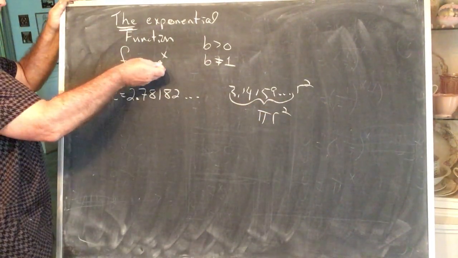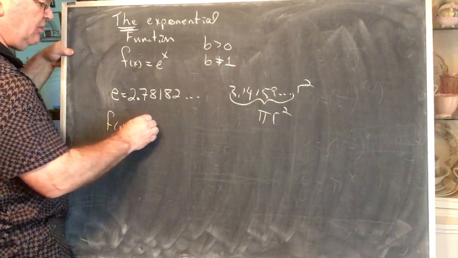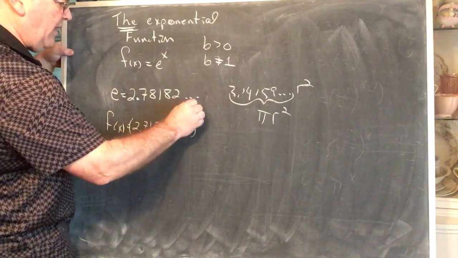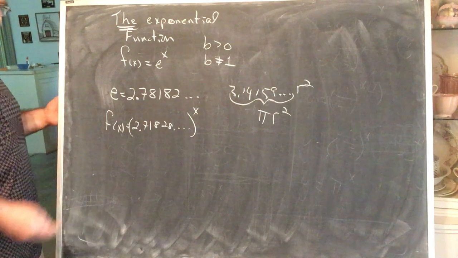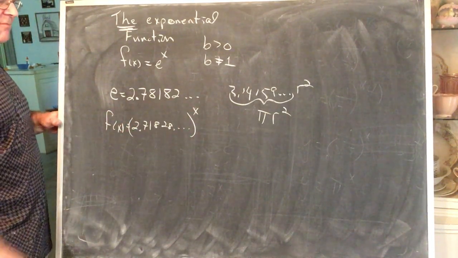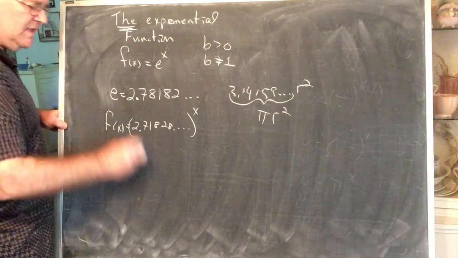You could, if you wanted to, write 2.71828 blah, blah, blah, all that raised to the x. A person could do that, but no one ever does. You abbreviate this number with the symbol e.